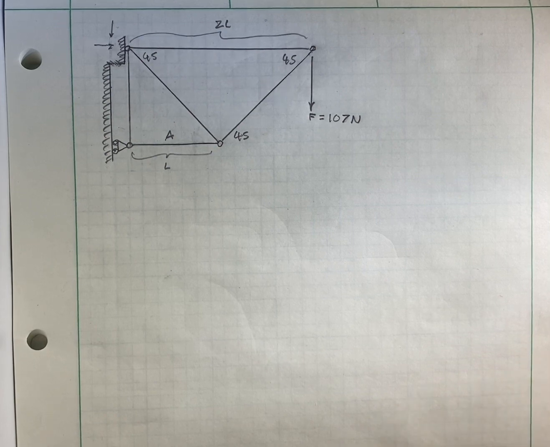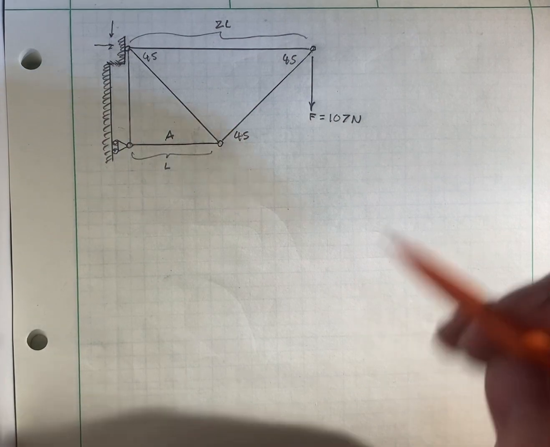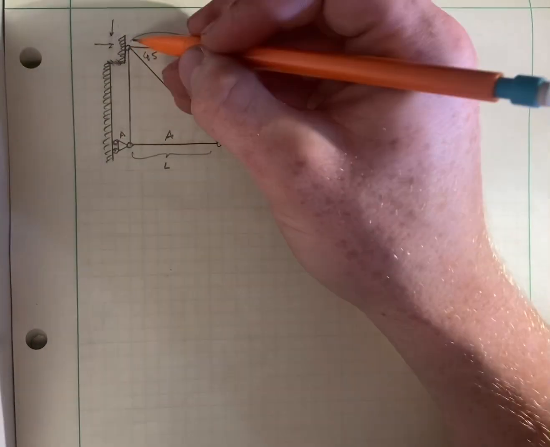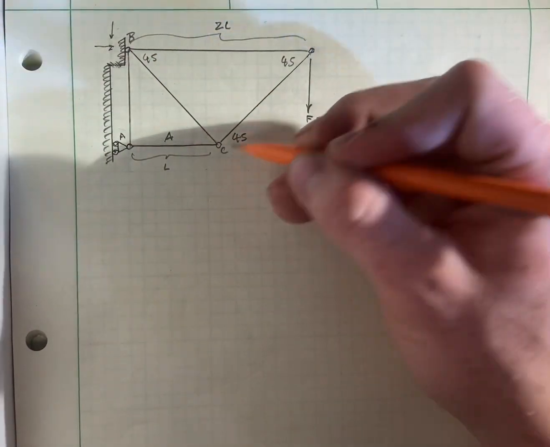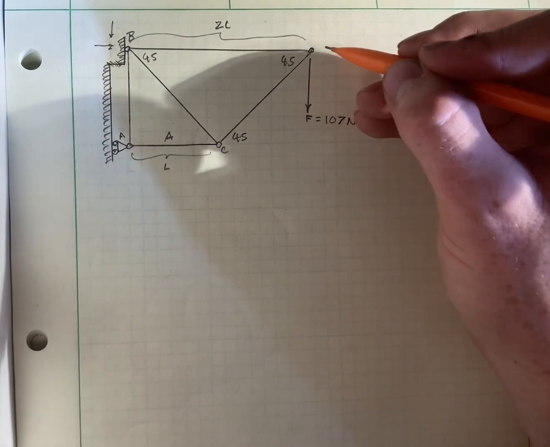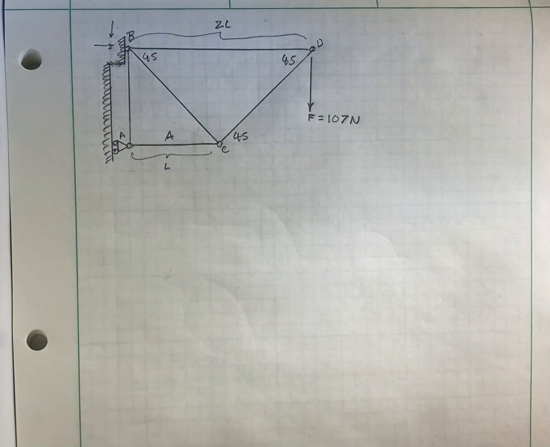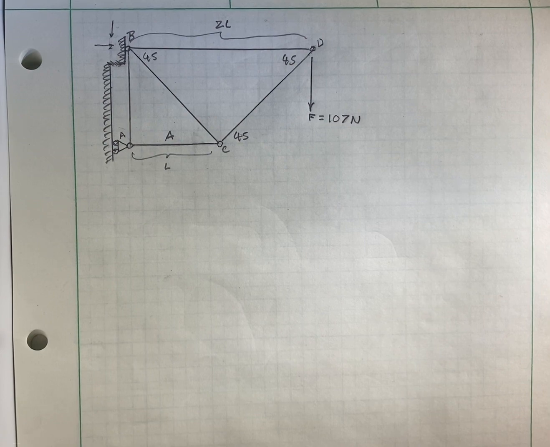But let's make this easier. Let's label these points, right? So if this is A, I'll call this one point A, B, C, and D. And so in the problem statement, it says, what are the internal forces in A?